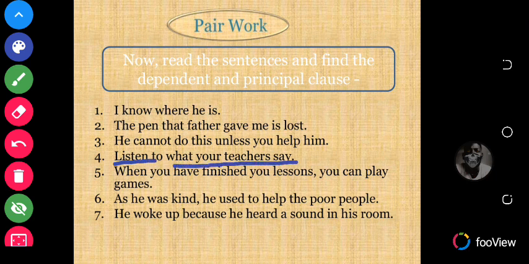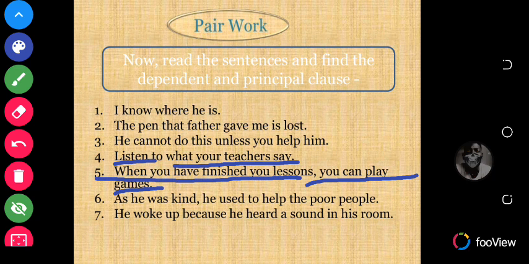What your teachers say is the subordinate clause. Example 5. When you have finished your lessons, you can play games. You can play games is the main clause. When you have finished your lessons is a subordinate clause.